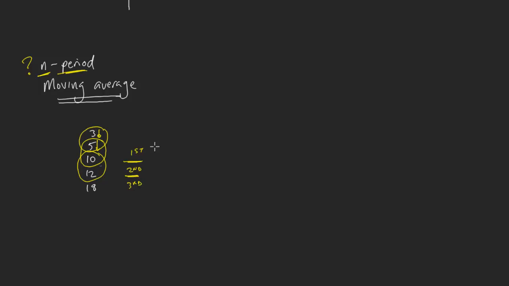If, however, I was asked to do, let's say, 3-period moving averages, 3, 5, 10, here's my original data again. A 3-period moving average would mean that I take an average of the first 3 numbers and I put it down here.